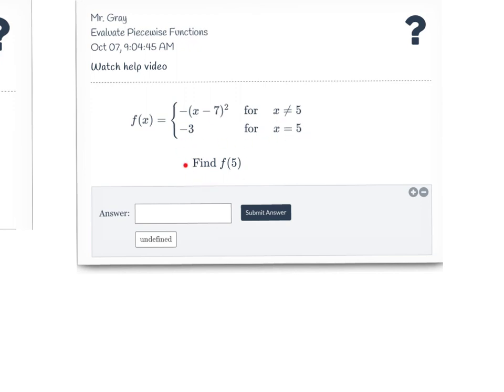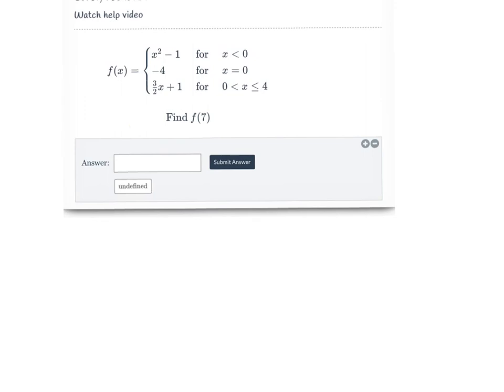Well, look at this. Find f of 5. Oh, it's negative 3. That's just given to you. I'm just going to circle it, like, yeah, there it is. I found it. Of course, you'd probably want to type it in the box down here. So there it is. Input of 5, output of negative 3. If I gave any other number other than 5, you would have to plug it into the top equation. Looking at another one.